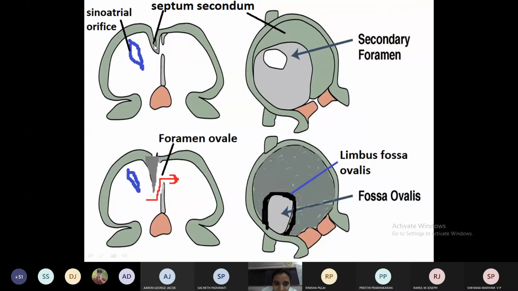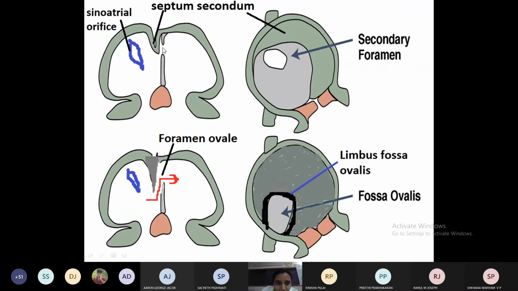The foramen secundum is bounded by the septum secundum. It develops later, by the downward growth of a septum just to the right of the septum primum. This septum secundum bounds the upper part of the foramen secundum. Once it is formed, it acts like a flap-like wall.